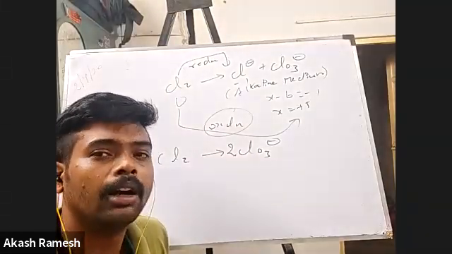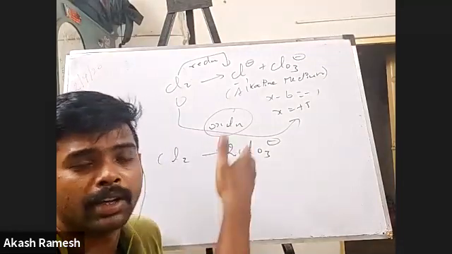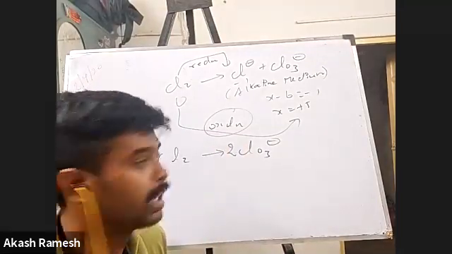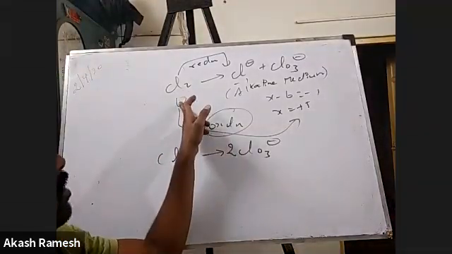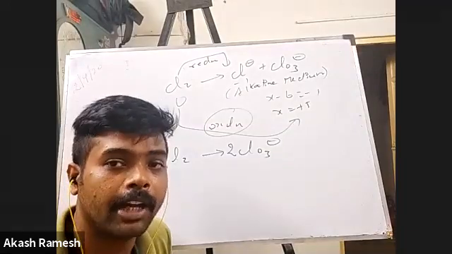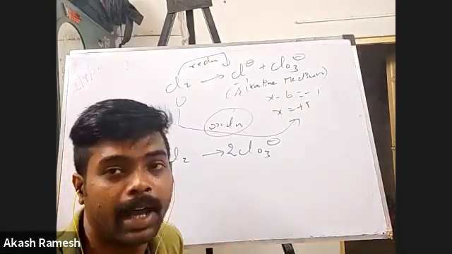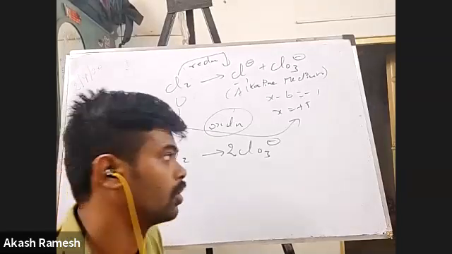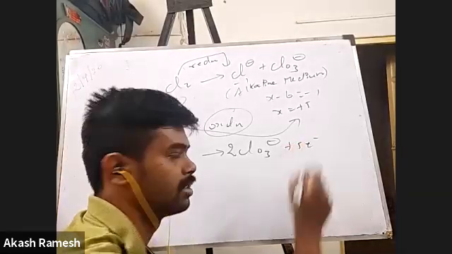Wonderful. Now, I have to calculate the number of electrons lost. What I see here is 0 to +5. That means 5 electrons have been lost. So I am going to put 5 electrons here.